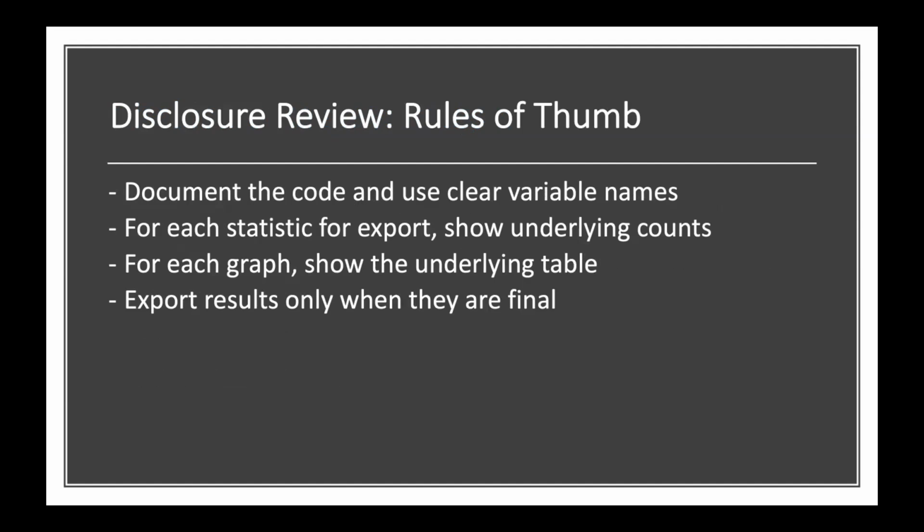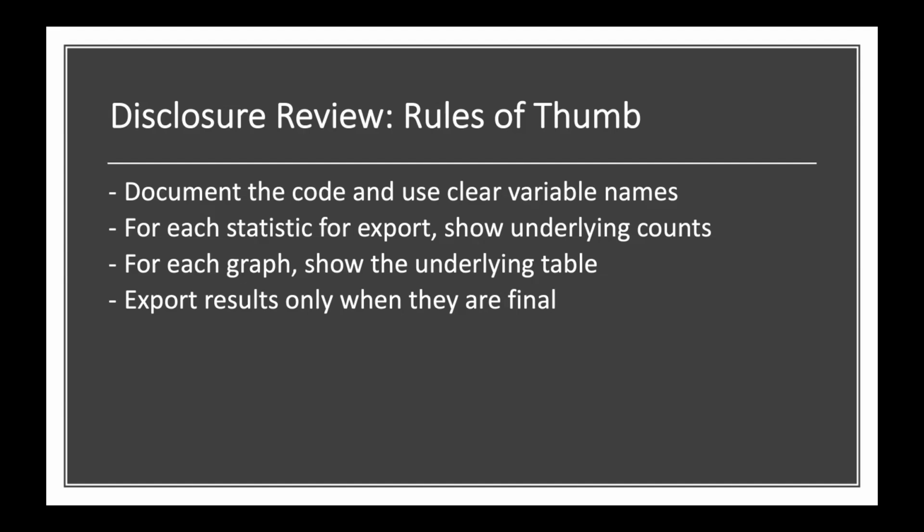So finally, just to close this out, in terms of the rules of thumb for a disclosure review, it will greatly help, and will probably speed up the review, as well as make it much easier on the reviewers, if you clearly document your code and use variable names that correspond to the information within those variables.